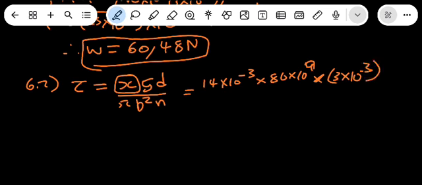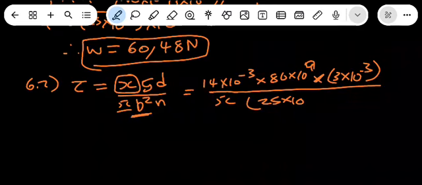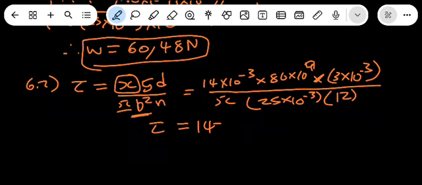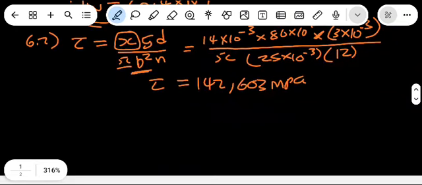All right, so divide this by pi times the mean diameter, which is 25 millimeter, times 10 to the power of minus 3. The number of turns is 12. Punching that, the shear stress will be 142.63 megapascal.